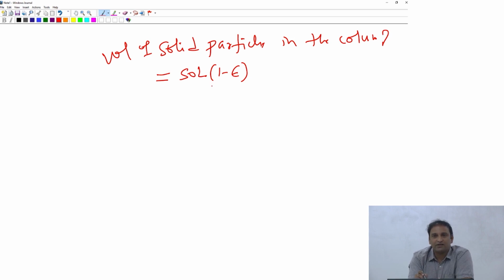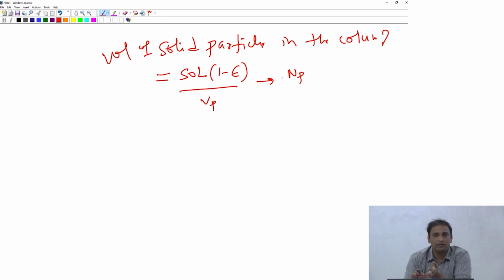Now if I divide this by Vp, which is the volume of a single particle, what is it going to give me? It's going to give me the number of particles present in the bed.